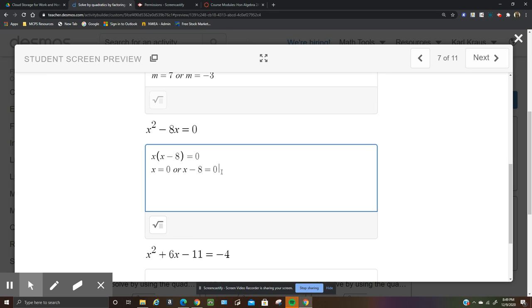Solve both of those. The first one's already solved, x equals 0. And the second equation there, x equals 8.